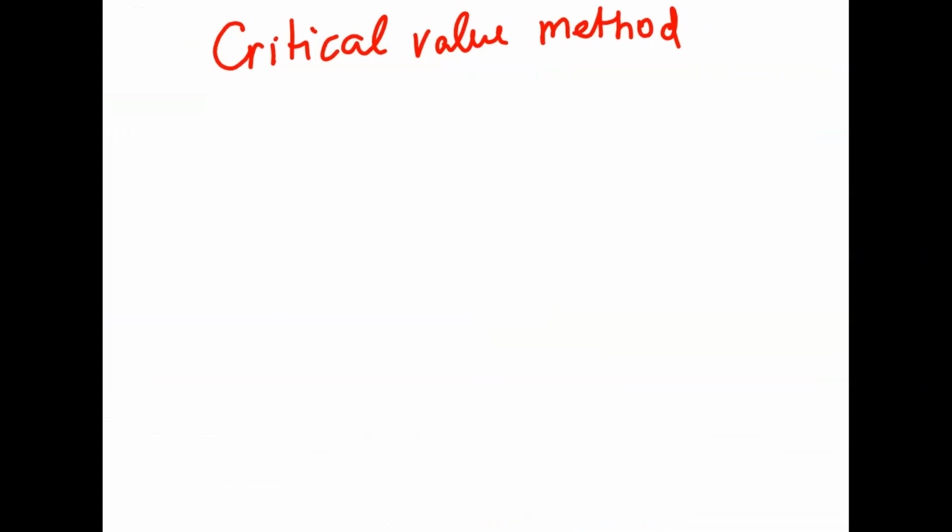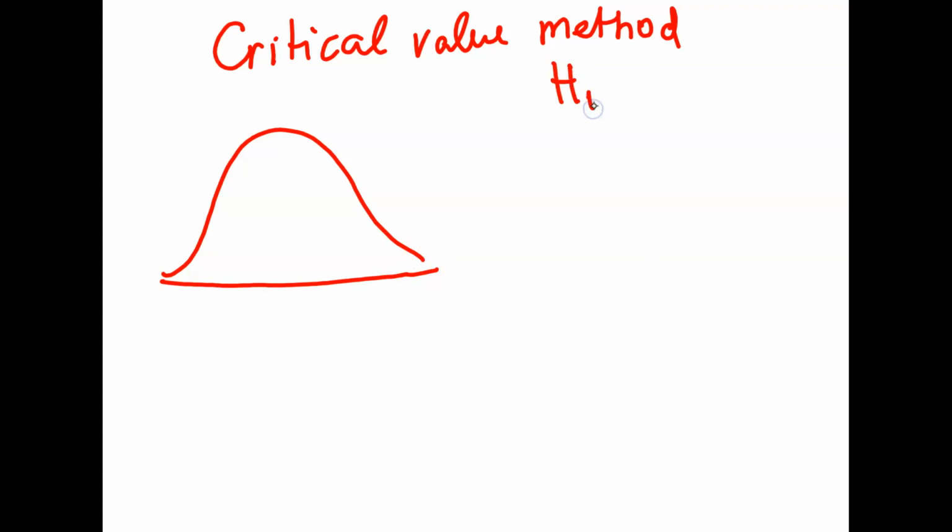We're going to use the critical value method. Let's draw a standard normal distribution just to help us visualize. Remember, our alternative hypothesis and our original claim was that p less than 0.3. Since it's less than, our critical region is going to be on the left.